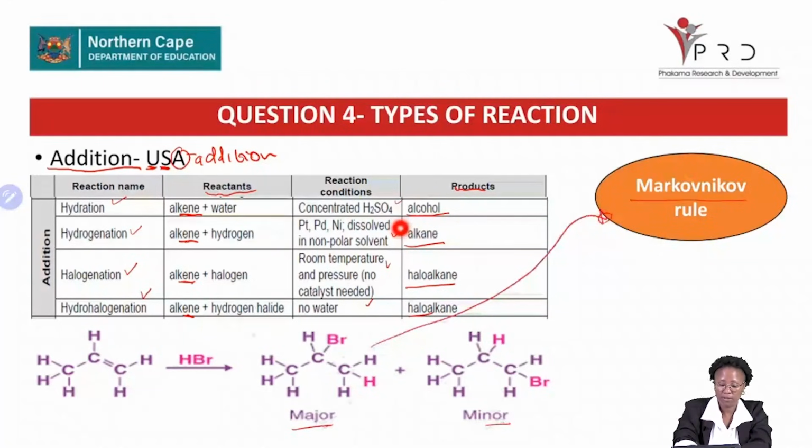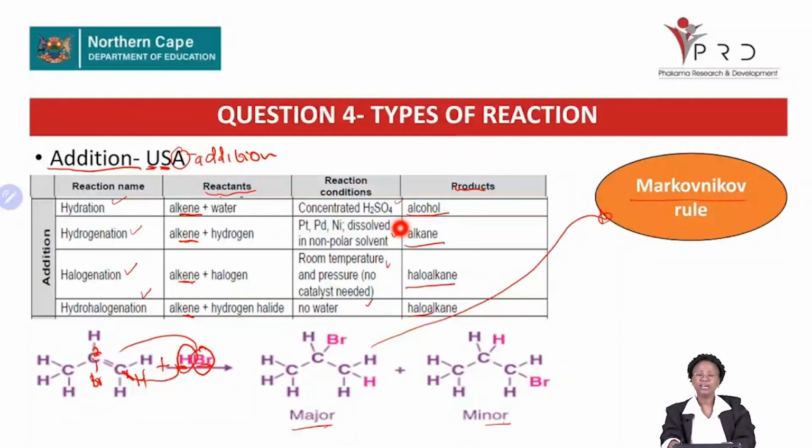So what happens during a major product? You can see here it's an addition reaction. I'm adding a hydrogen and a Br where the double bond was. So I go back to my two carbons where the double bond is. I check which one has more hydrogens. Carbon number 1, carbon number 2. Carbon number 1 has 2 hydrogens. Carbon number 2 only has 1 hydrogen. Markovnikov's rule says you are going to place this hydrogen on the carbon that has more hydrogens, and you are going to put the Br on the carbon that has fewer hydrogens.